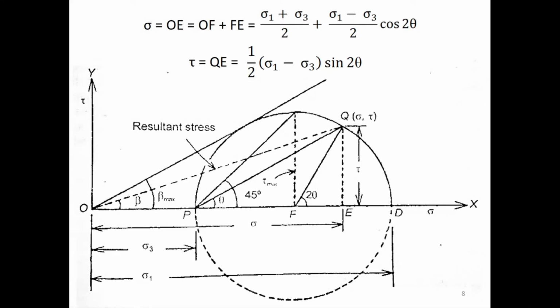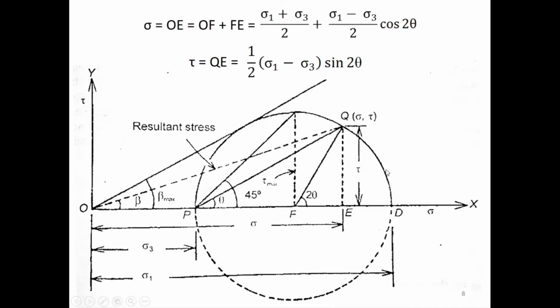I join the point P, and from the point P, I draw a line inclined at that angle BAC, theta. So that line will join the point Q here, and that point Q, the coordinates sigma and tau, are the normal and shear stresses acting on the plane AB, which was inclined at theta to the major principal plane, correct? Similarly, on any plane inclined at any angle to the major principal plane, I can draw similar planes from the point P, and those planes are going to intersect the Mohr circle at different points.